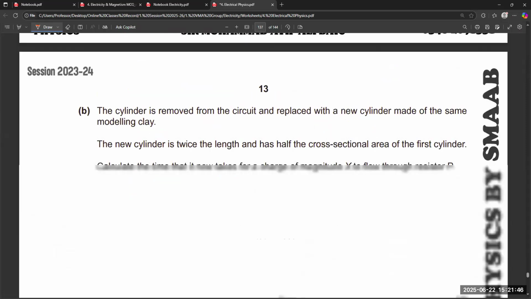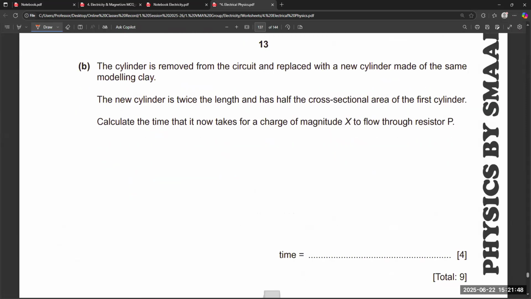Now, the B part of the question is slightly detailed because it is for 4 marks and based on calculation only. The cylinder is now removed from the circuit and replaced with a new cylinder made up of the same modeling clay.